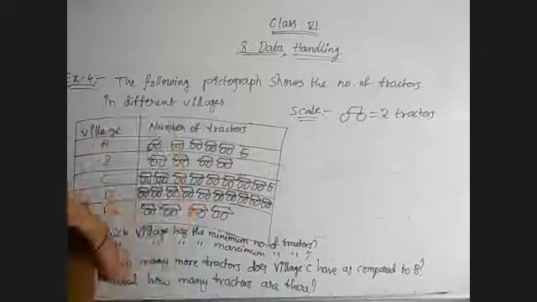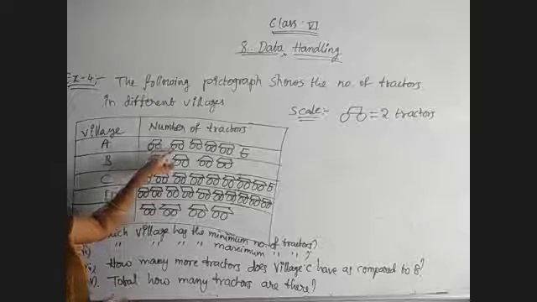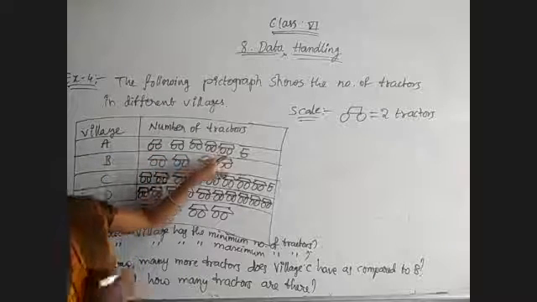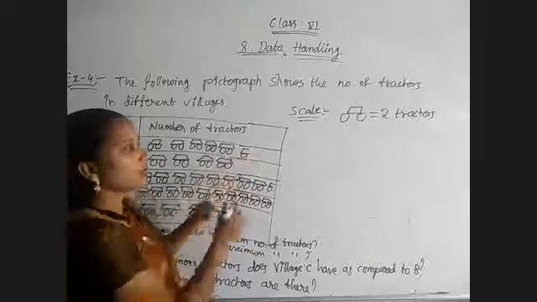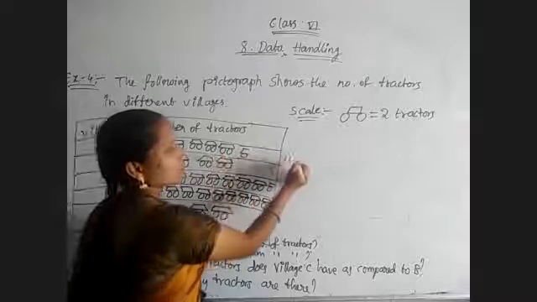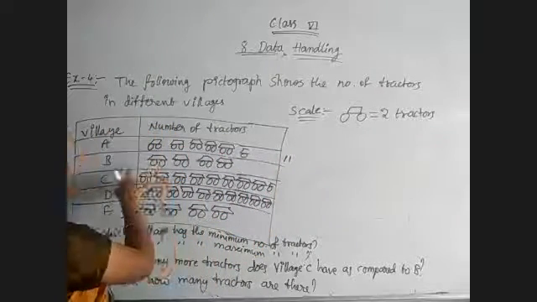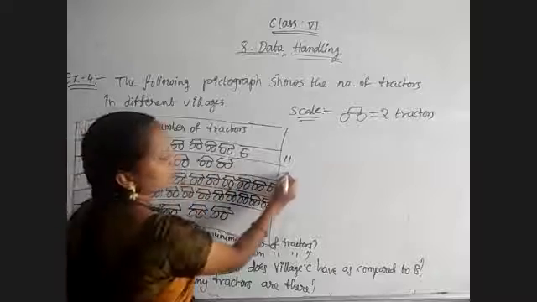First read the pictograph. Here scale is given, one symbol is for 2 tractors. So 5 symbols completely used, means 5 2s are 10 and here only half. So half means 1 tractor. So totally 10 plus 1, 11 tractors. And village B has how many tractors? 4 2s are 8.